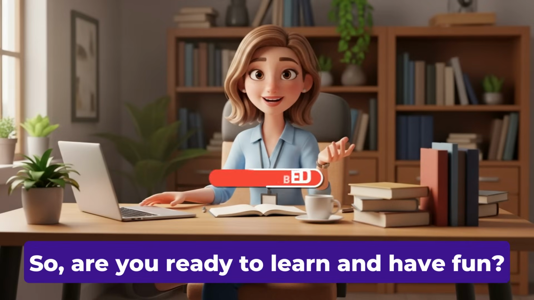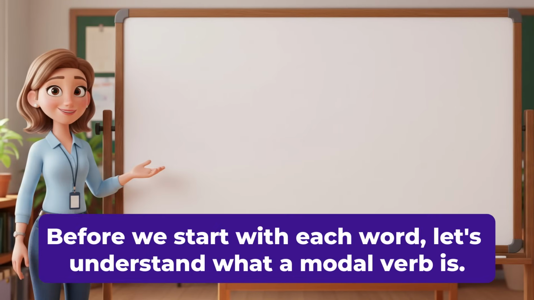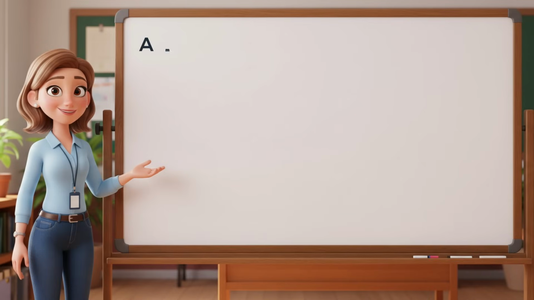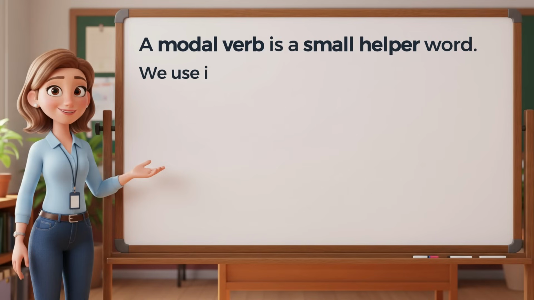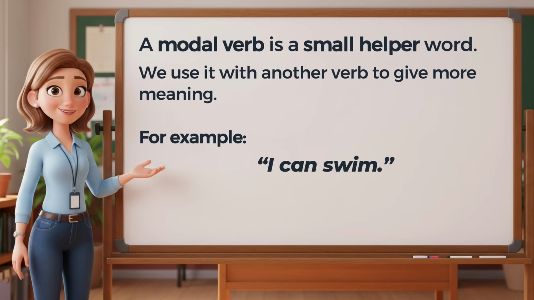So, are you ready to learn and have fun? Let's start. Before we start with each word, let's understand what a modal verb is. A modal verb is a small helper word. We use it with another verb to give more meaning. For example, I can swim.